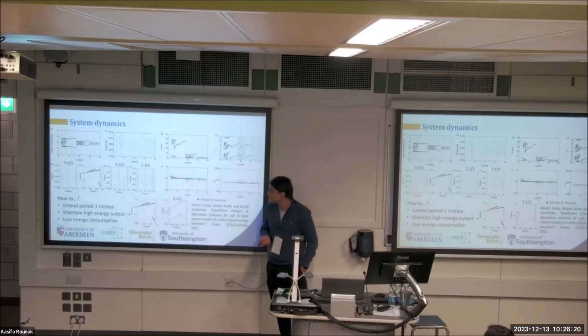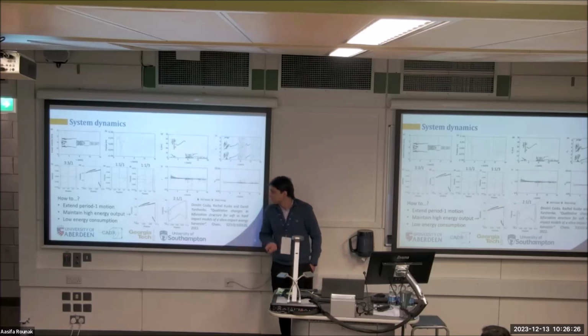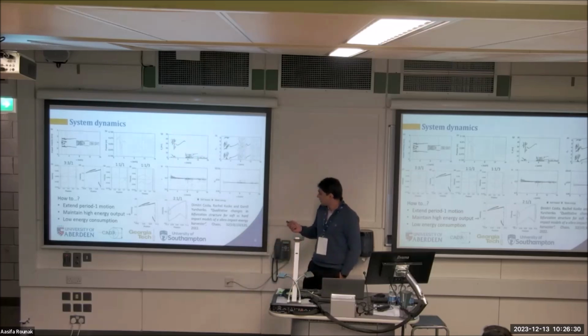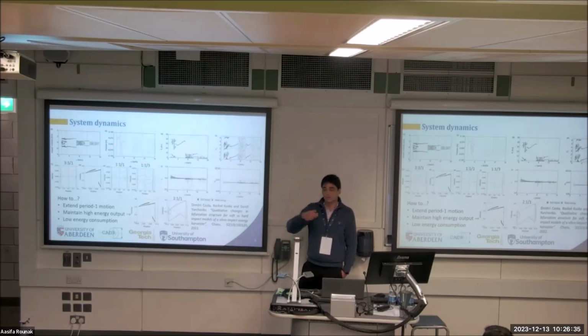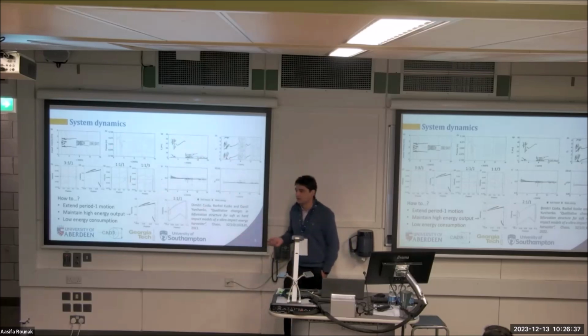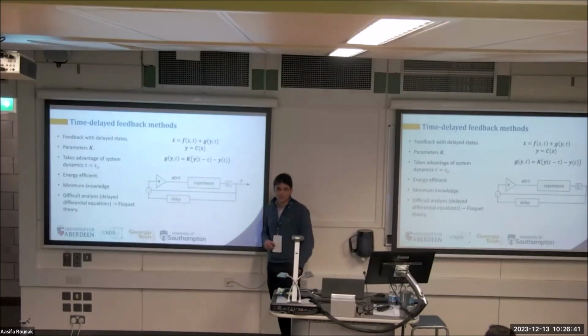So the first thing is how we do it. Well, we can use control to do that, and basically we can do it with time delay feedback control. And if you are interested in the dynamics of the system and this difference between hard and soft impact models, you can look at this article. So how do we control our system?